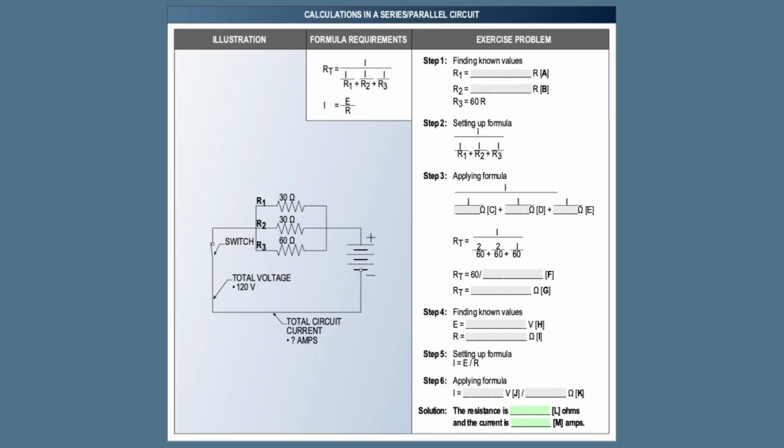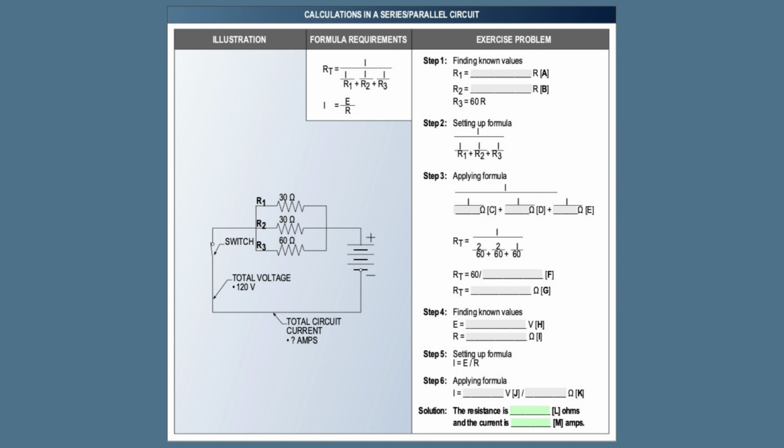Using the known values in the illustration, in step 1, finding known values, R1 equals 30 ohms, R2 equals 30 ohms, and R3 equals 60 ohms. In step 2, setting up the formula, RT equals 1 divided by 1/R1 plus 1/R2 plus 1/R3.